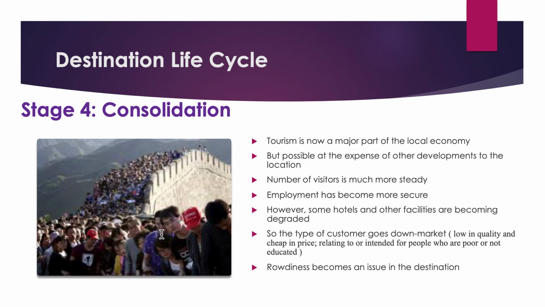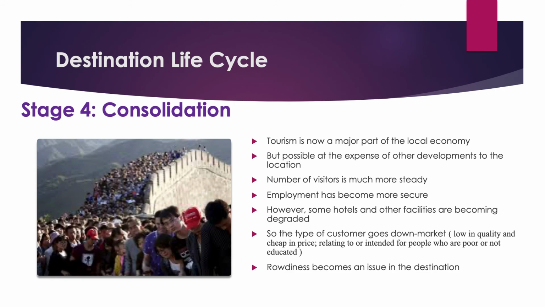Okay, so it gets so crowded with a large number of tourists flooding in. So the type of customer now goes down market. Goes down market means low in quality and cheap in price, tours intended for people who are poor or not educated. Okay, rowdiness becomes an issue in the destination.